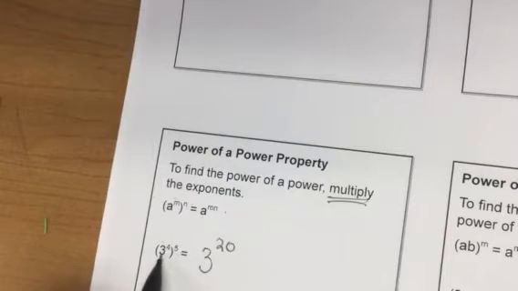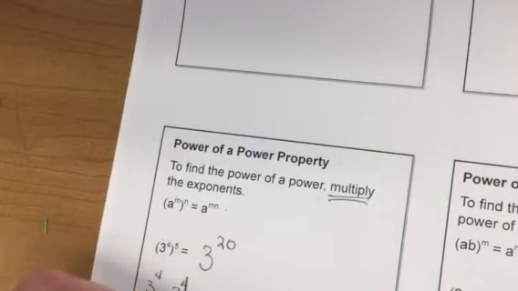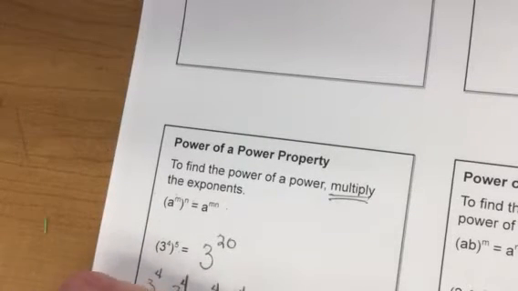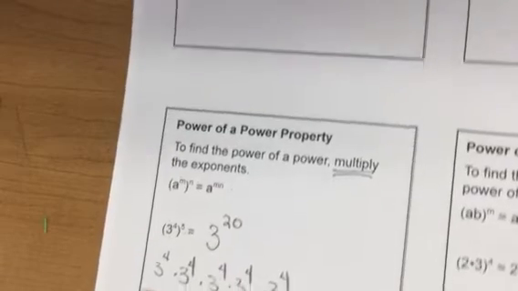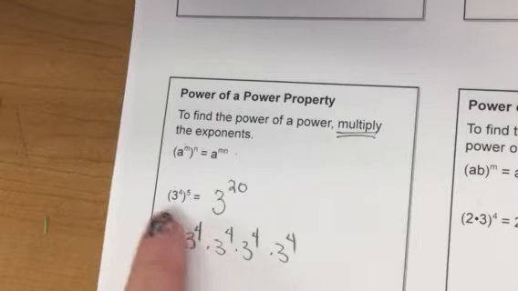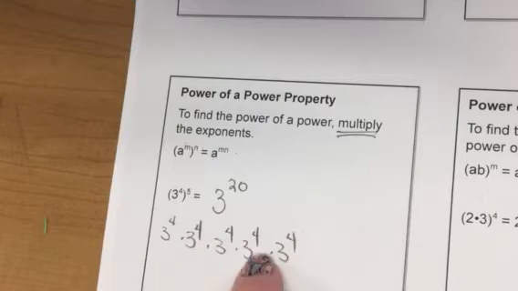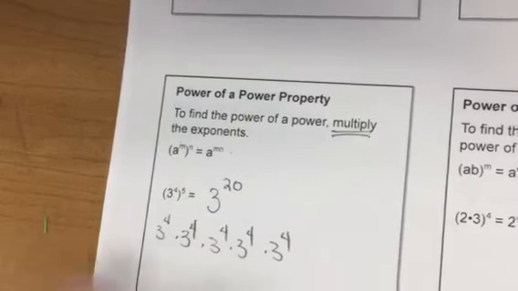It means you have 5 of these factors: 3 to the 4th times 3 to the 4th times 3 to the 4th, 5 of those. That's what it means. Adding 4 five times, 4, 8, 12, 16, 20, gives 3 to the 20th.